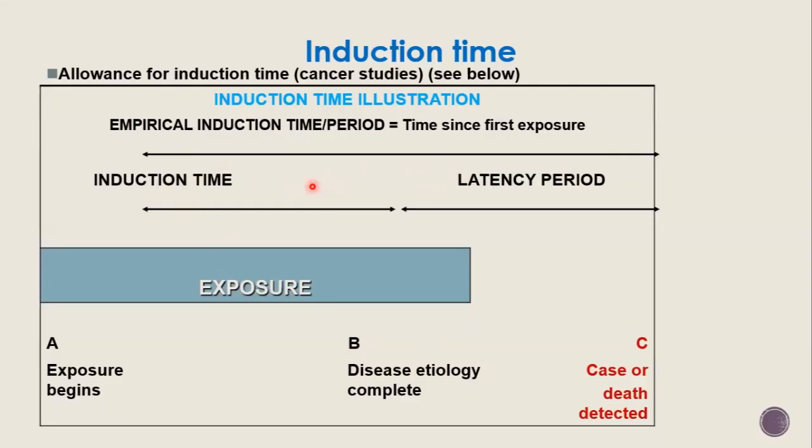Generally speaking, the induction time and latency period for these diseases span years, if not decades. It's not like infectious diseases, where within 3 days or sometimes less than 24 hours, people start to manifest signs and symptoms. For environmental and many occupational diseases, the induction times and latency periods span many years, if not a few decades. All right?